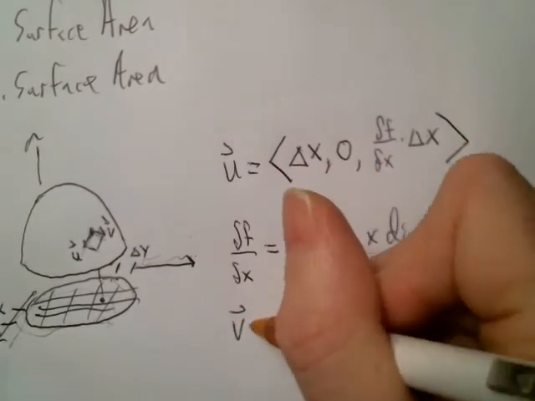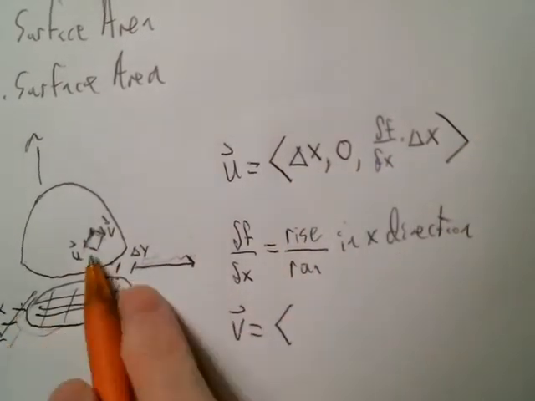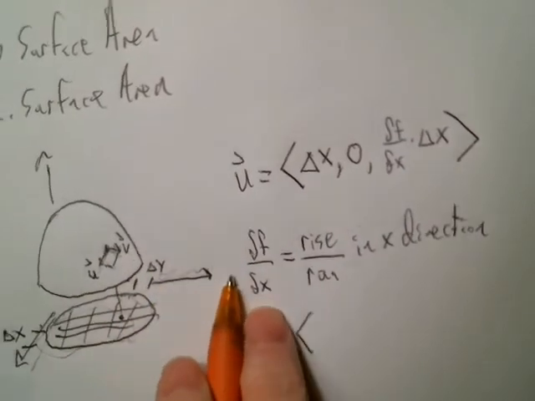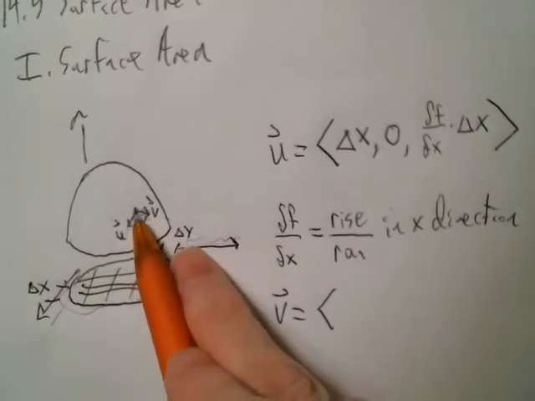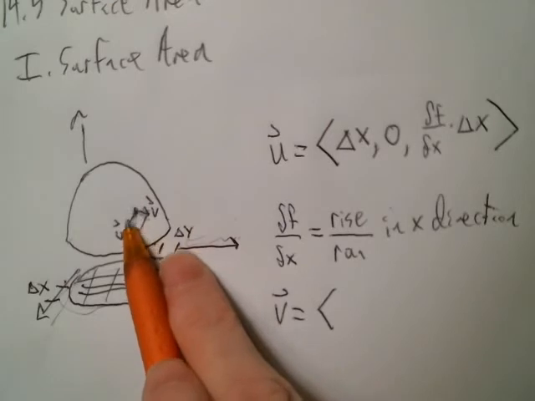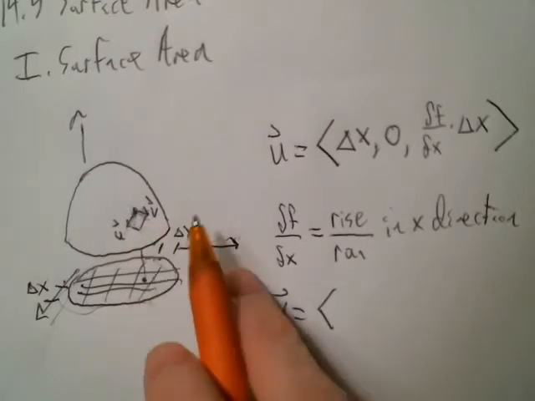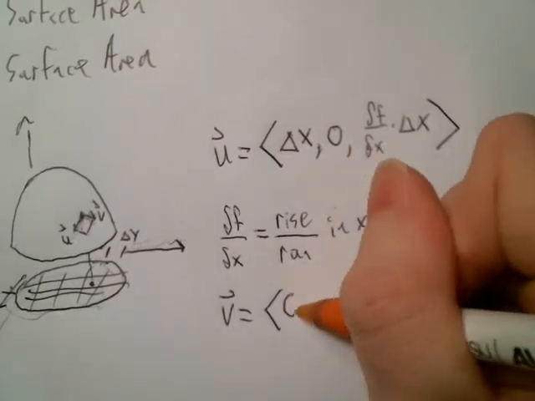Our first vector was in the direction of x. Our second vector is in the direction of y, which will be perpendicular to that first vector, and therefore describe this little rectangle that we want to find the area of. For this vector, we don't want to move in the x direction.